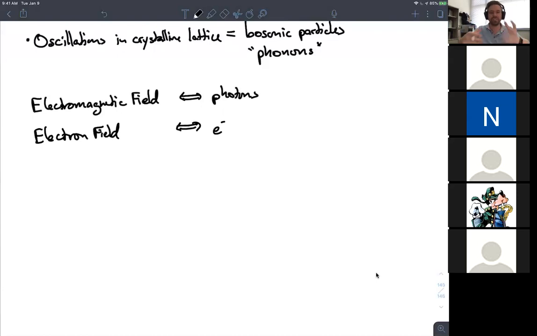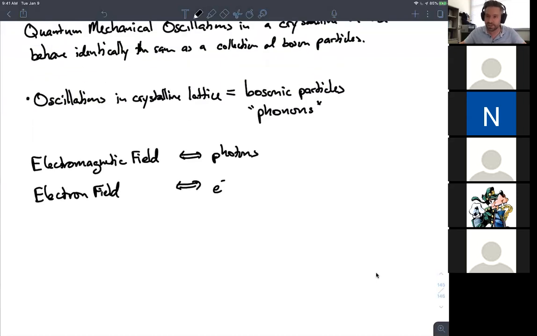Now, the way that lattice behaves is going to be a little bit different than what we just talked about for phonons and photons, because the vibrations in that field will yield a fermionic particle. So the way that the field must behave is a little bit different than our bosonic fields that we've talked about previously, but the idea is still exactly the same. Every kind of particle is associated with some crystalline field, and when you excite that field, it looks like a particle zipping through space.